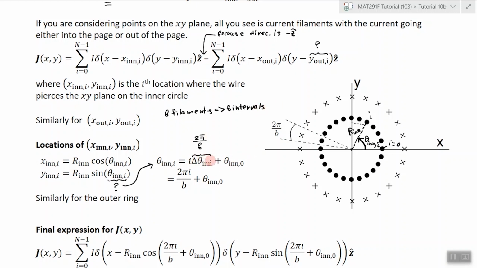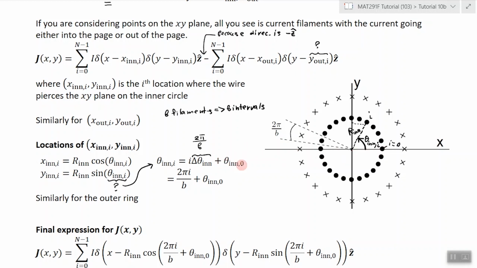So there is that, and now I've also added some sort of a shift because we're not guaranteed that the 0th filament is going to be exactly on the x-axis. If the 0th filament is shifted by some amount, then there is going to be this constant value here. It could be 5 degrees, or let's say radians, like 0.1 radian or something like this. But you could just make it 0.